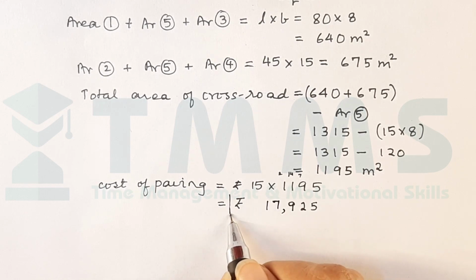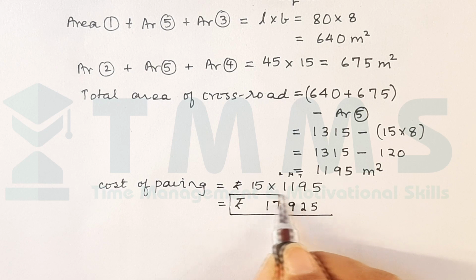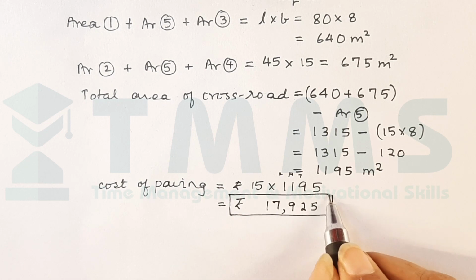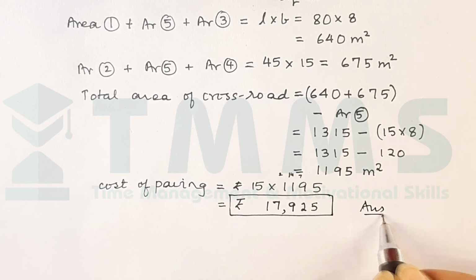So the cost of paving is rupees 17925, and that is our answer.